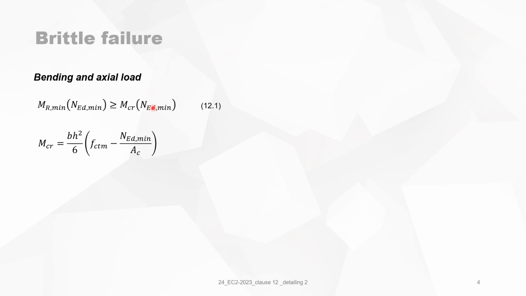So the cracking moment of the section, calculated in a pure elastic domain without taking into account the contribution of the reinforcement, is b h squared over 6 times the maximum stress, and the maximum stress is of course fctm minus the actual load divided by the cross section.